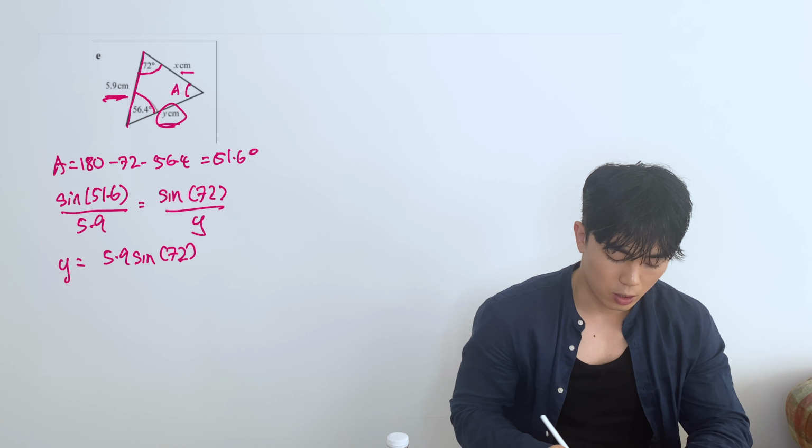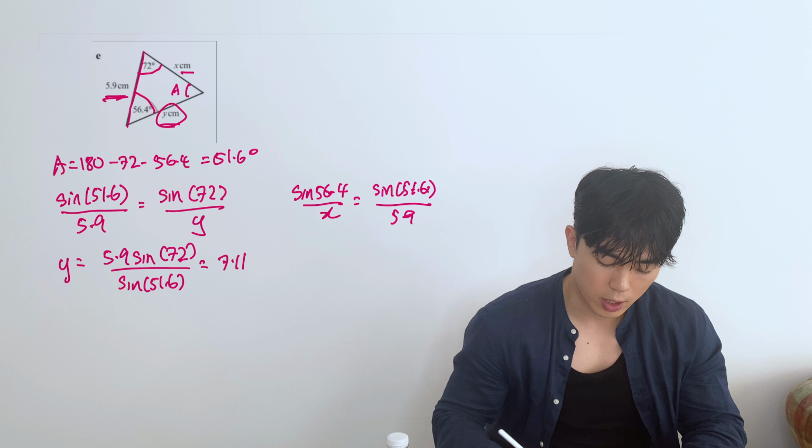So sine A was 51.6 over 5.9, which I can rearrange for x: 5.9 sine 56.4 divided by sine 51.6, which I can plug into the calculator to get my x value, which is 6.23. As long as you're consistent with the pairing, so you use the right angle with the appropriate opposite side, then you can plug it into the sine rule and find all these angles or lengths.